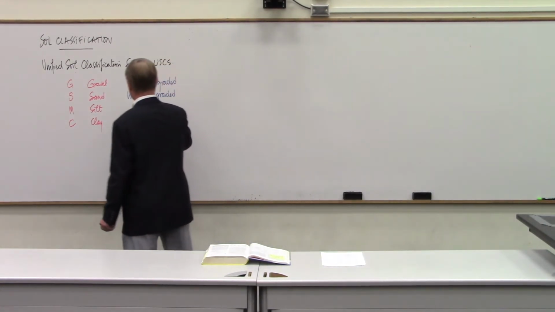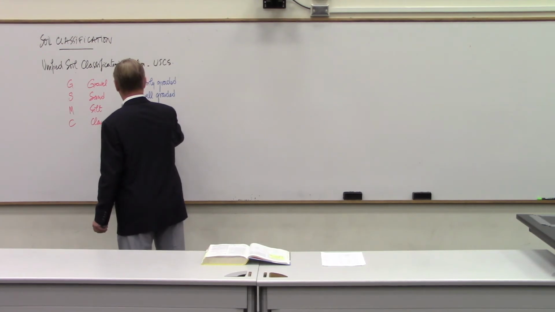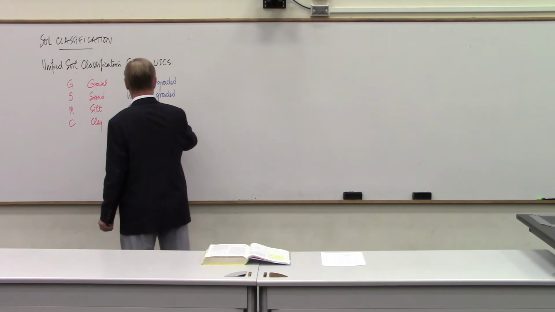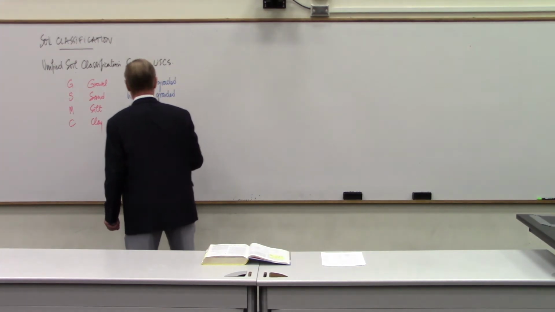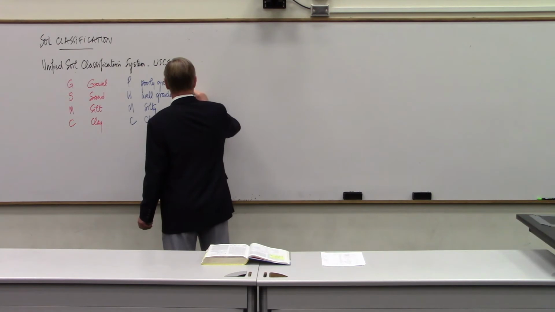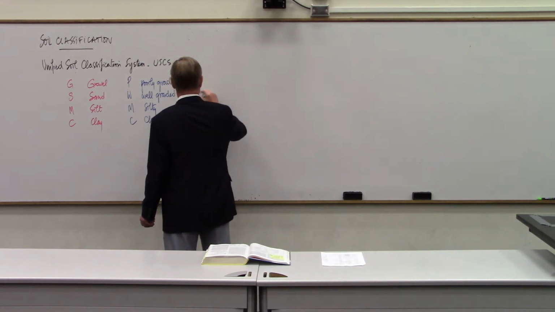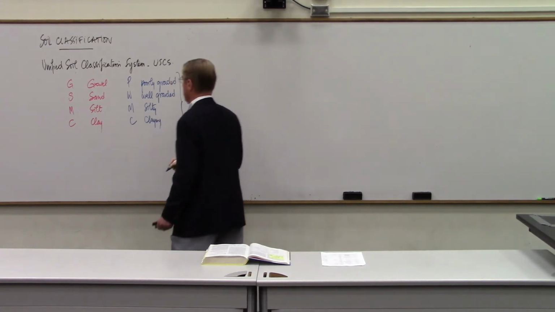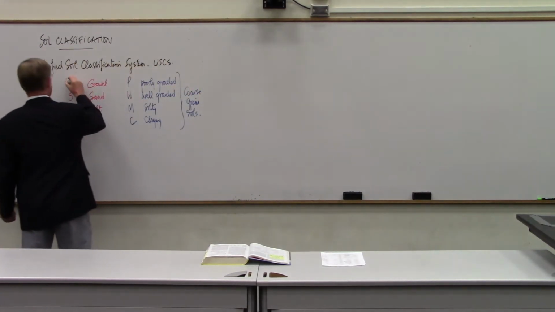And then we're going to use M and C for silty or clay. And this will be for coarse-grained soils. These are the coarse-grained soils.